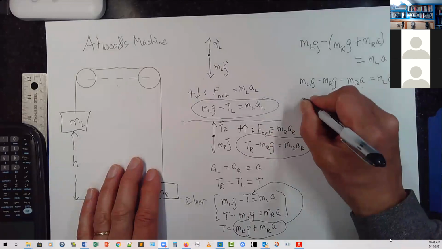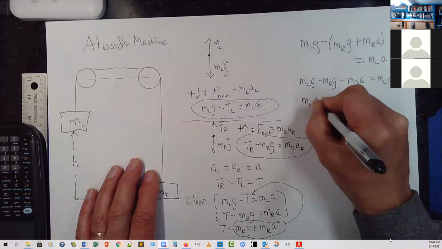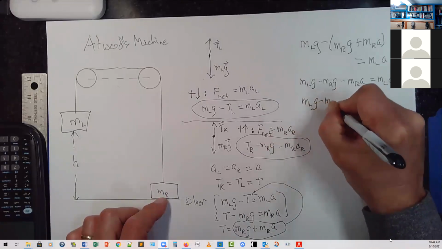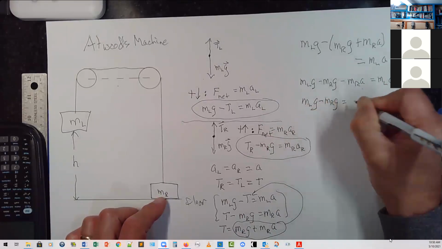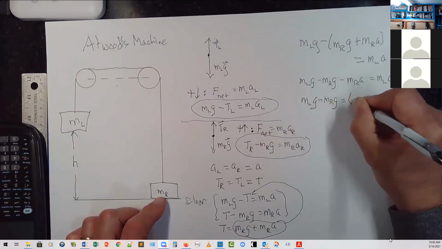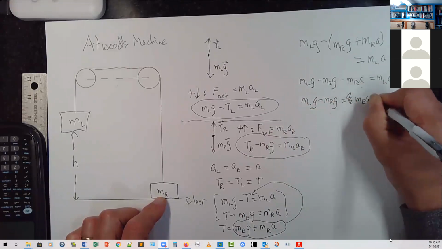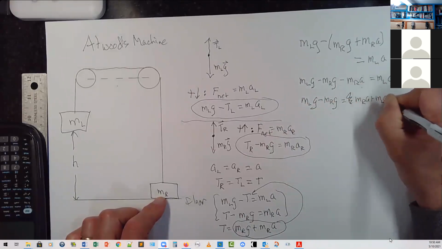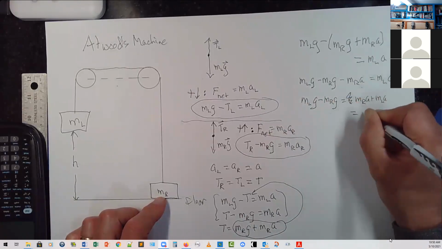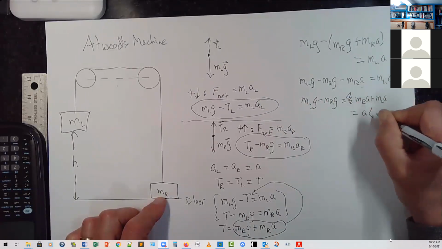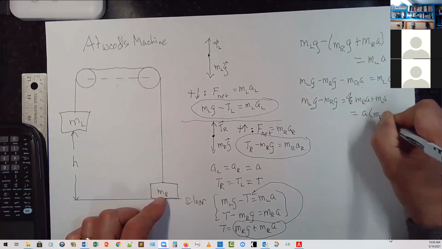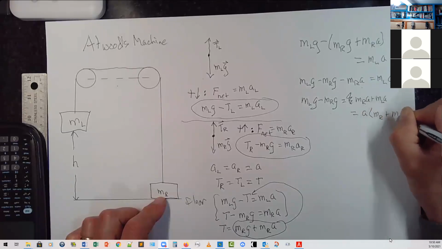I'll be left with m sub L G minus m sub R G equals, well, I won't factor it yet, m sub R A plus m sub L A, which is equal to A times m sub R plus m sub L.